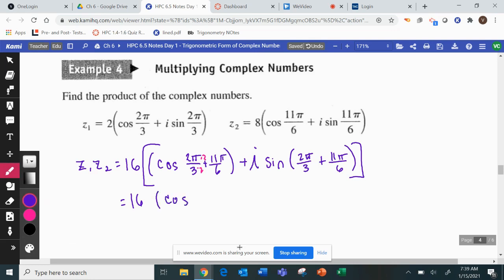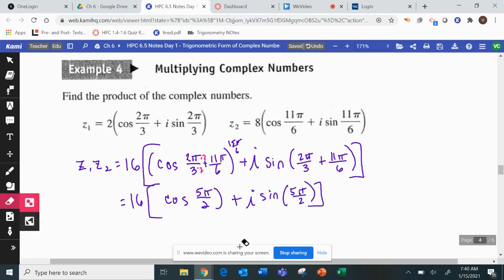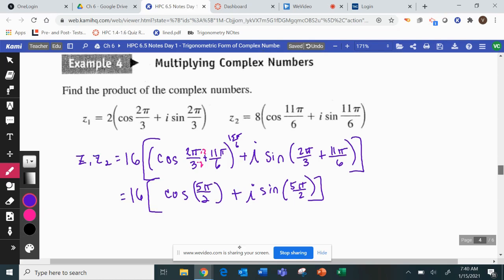So cosine, that's going to be 5 pi over 2. After I add those together, that would actually give me 15 pi over 6, but it's 5 pi over 2. Oh, I did it again. Plus i, and so that'll be the same number, sine, and then cosine 5 pi over 2 and sine 5 pi over 2.